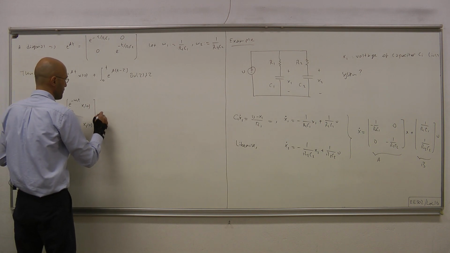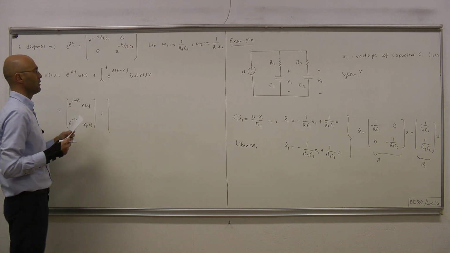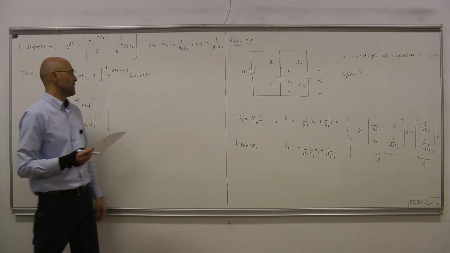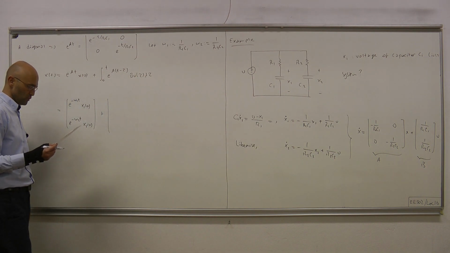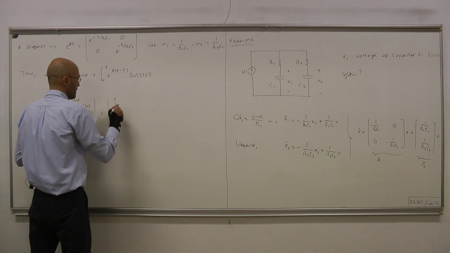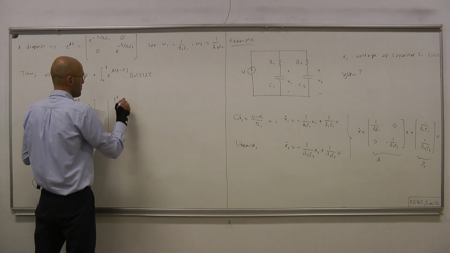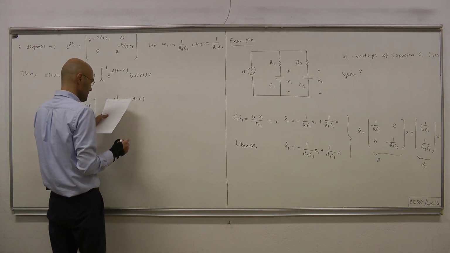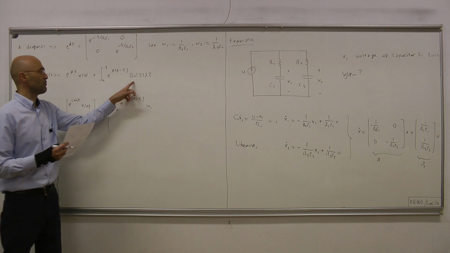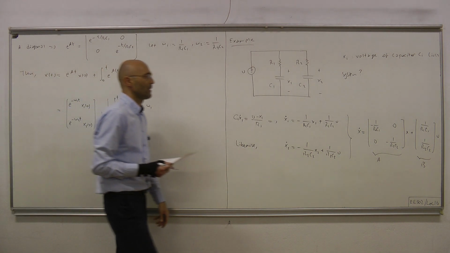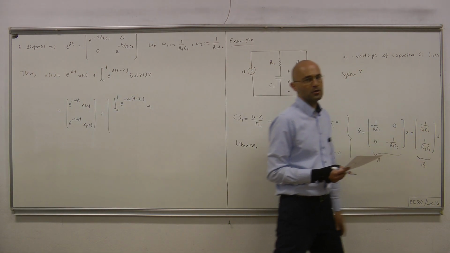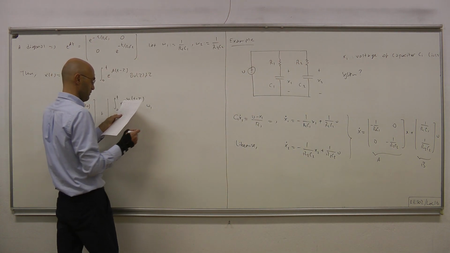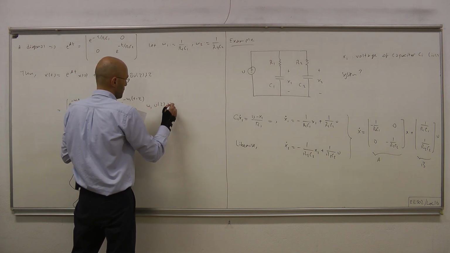Plus we have this integral of the state transition matrix times B, and that can be written as a vector of two separate integrals. The first integral is from 0 to t, e to the minus omega 1 (t minus tau) times the first entry of B, which is 1 over R1 C1, which is omega 1, and then we have u(tau) d tau.